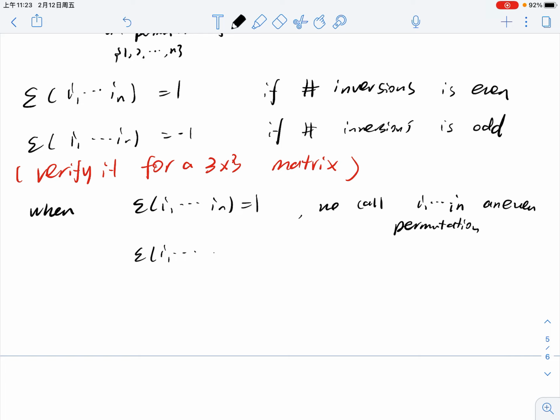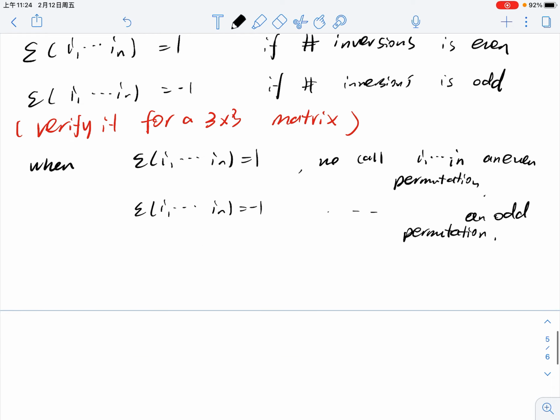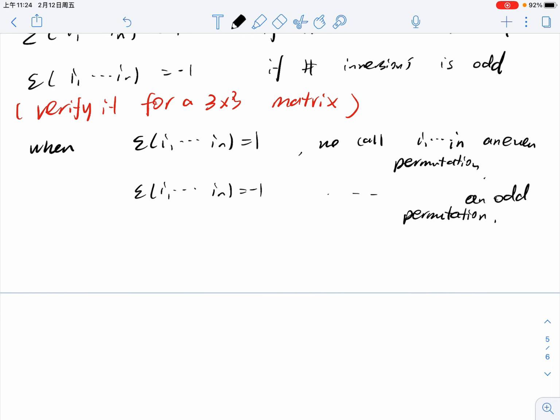And when it's negative 1, or the total number of inversions is odd, we call it an odd permutation. This is quite important later on if you study exterior algebra or tensor algebra, because in that case, when you exchange two elements, they contribute a negative sign.